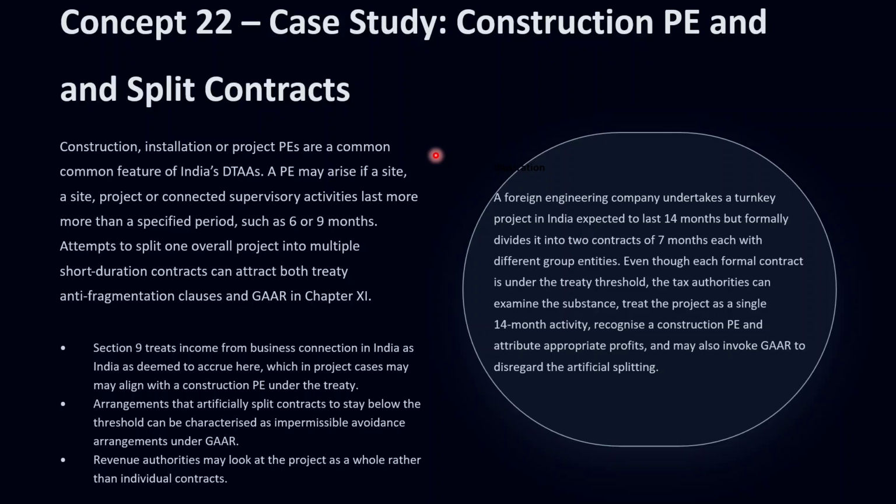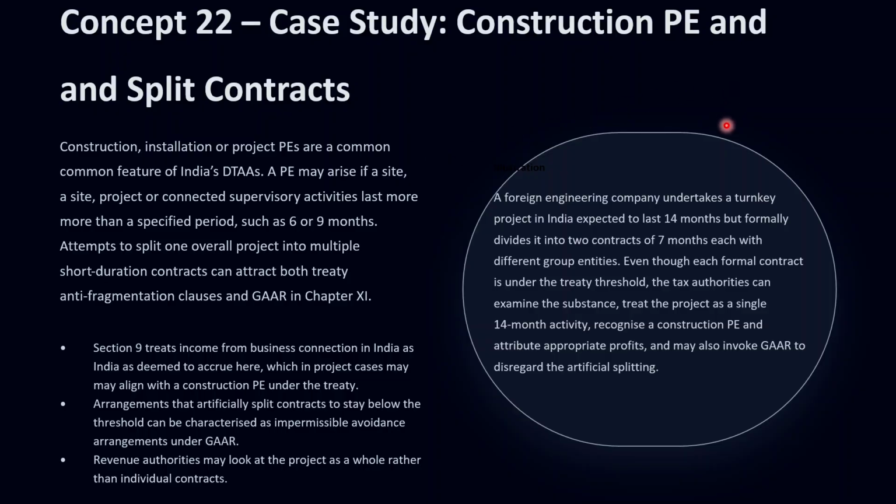If they are really one project, the combined duration can be taken. A construction PE can be recognized there, and the GAAR provisions under sections 178 to 184 can be invoked to disregard the artificial splitting, because the main objective here is to obtain a tax benefit, undue benefits, I would say.